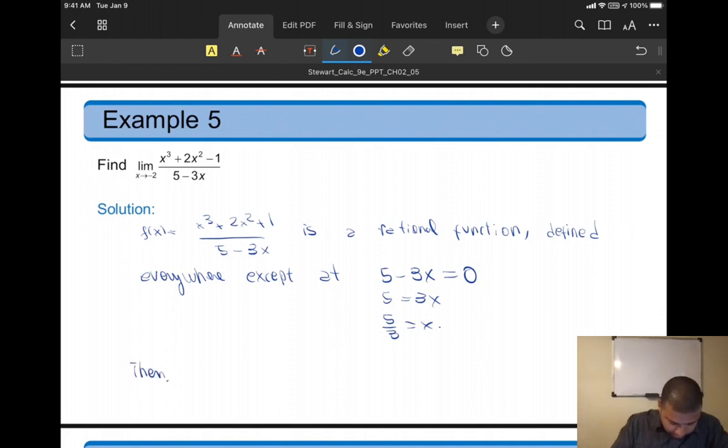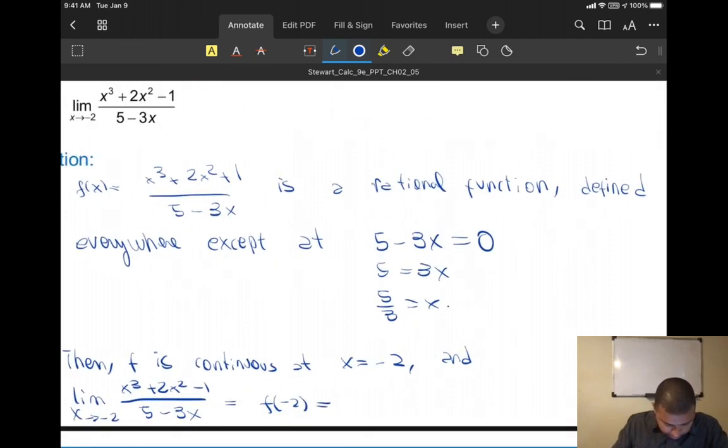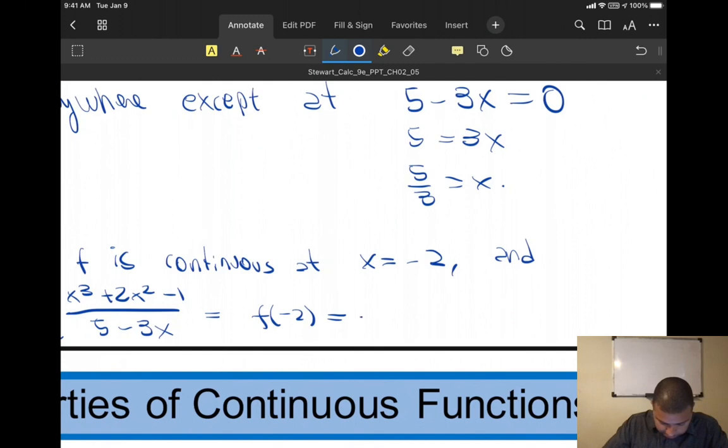I say f is continuous at x equals minus 2, and the limit as x approaches minus 2 of x cubed plus 2x squared minus 1 over 5 minus 3x equals f of minus 2. So I just plug in minus 2 into that expression, so I get minus 8 plus 2 times 4 minus 1 over 5 minus 3 times minus 2.